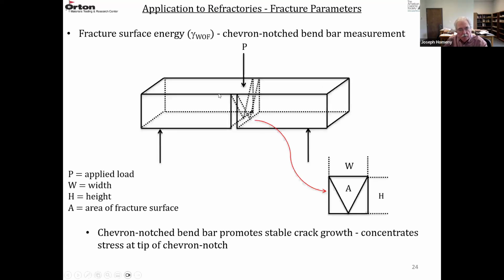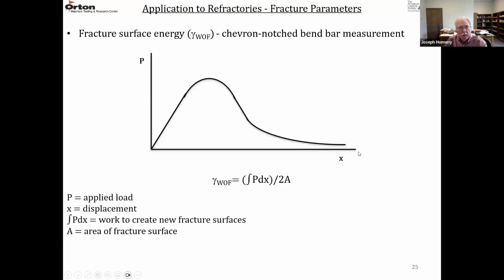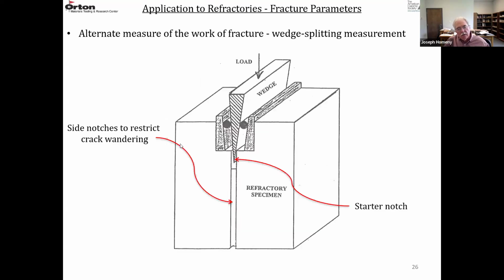The work of fracture test is usually run on smaller bars. These are typically 1 by 1 inch in cross section, maybe 6 inches long. There's a second test, a wedge splitting test. This could be half of a brick, or an entire brick. It's a much bigger sample. You cut a notch in it, you put in these cylinders, and then this is the wedge that you load.